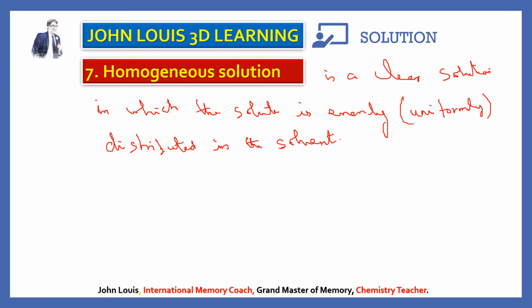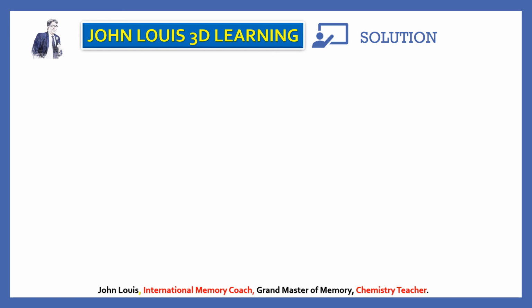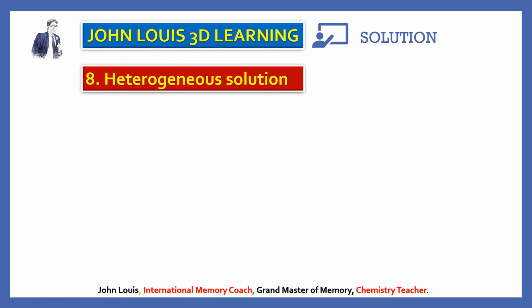Then what is the opposite of homogeneous solution? Suppose the solute is not evenly distributed, then that is known as heterogeneous solution. What is meant by heterogeneous solution? Heterogeneous solution is a solution in which the solute is not evenly distributed. Is it a clear solution? No, it is not a clear solution.